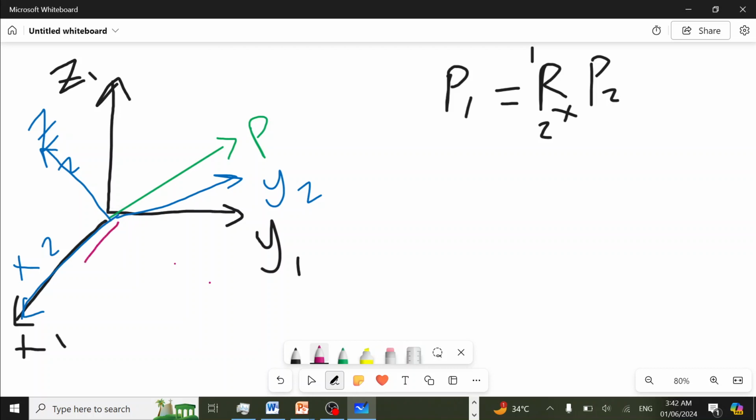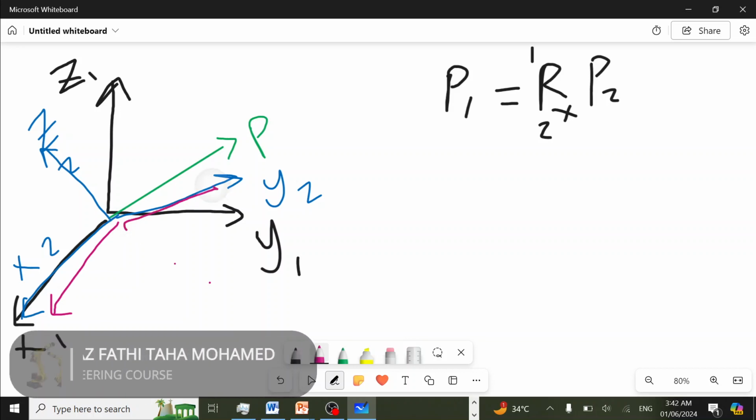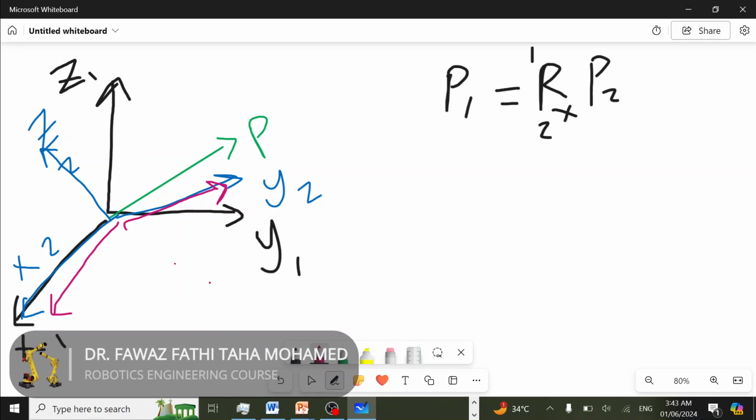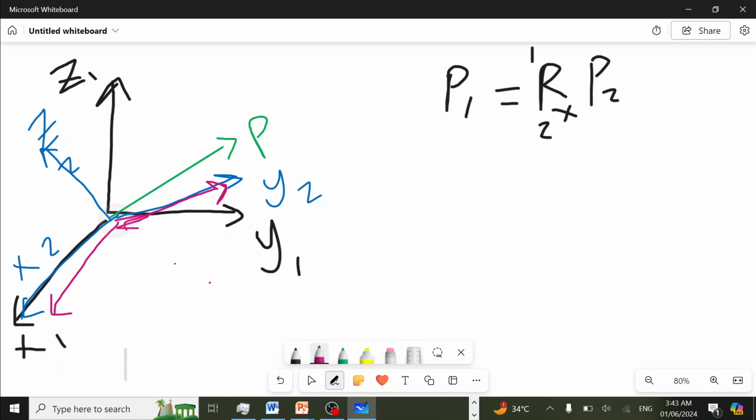Here the y is constant, not rotated, okay, but the z-axis will rotate a little bit, okay.